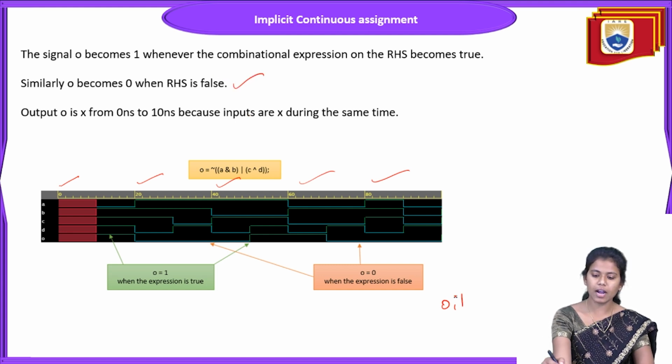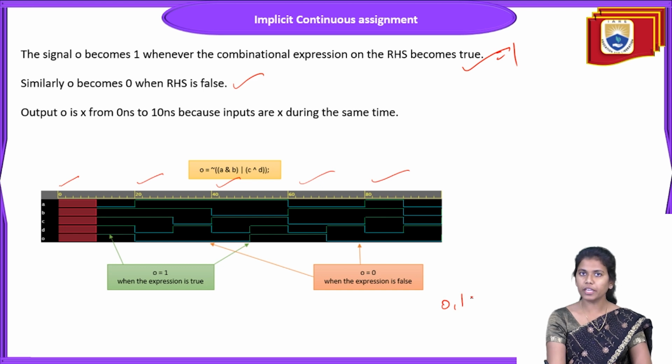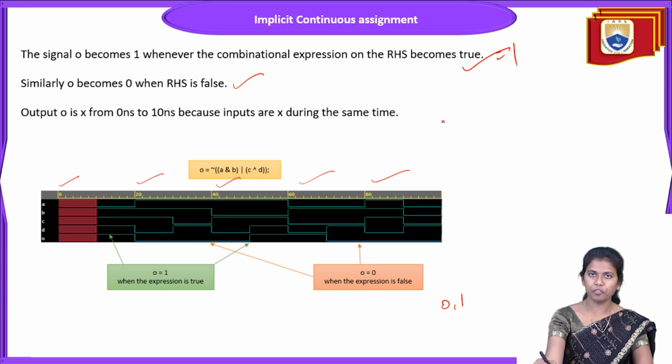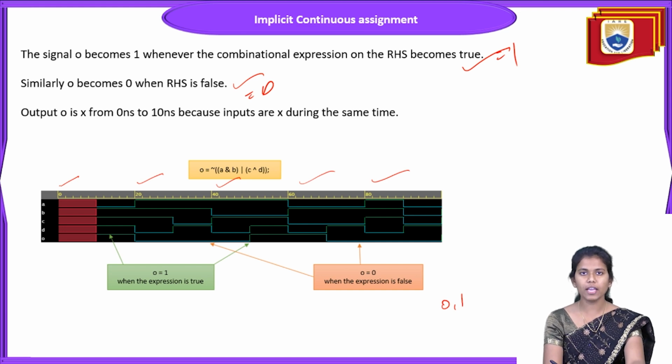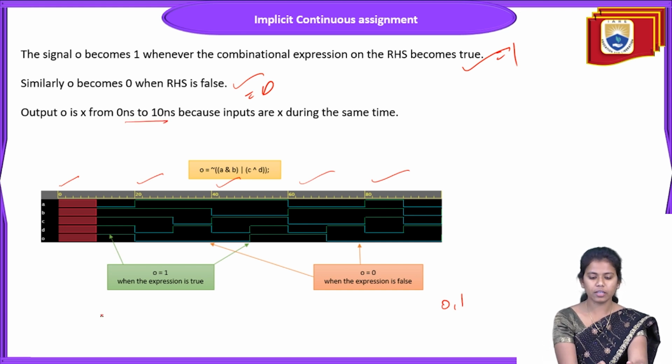If it is 1, my RHS will be true. RHS becomes true when the output is 1, and RHS becomes false when the output is 0. So here, output O and X from 0 to 10 nanoseconds.